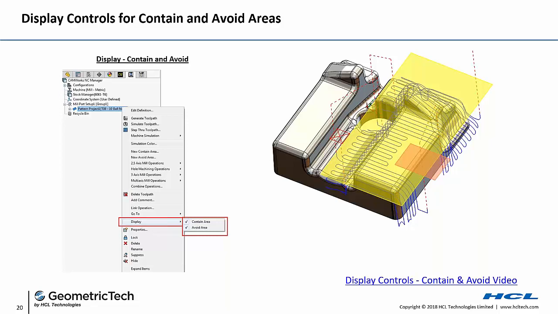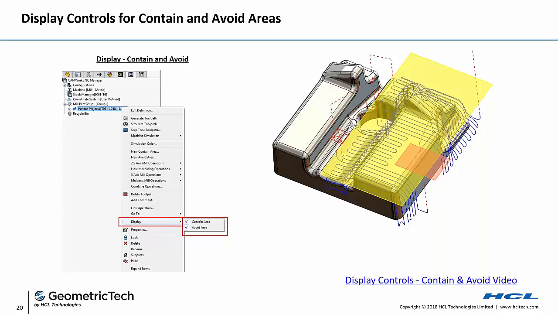Now we've automated that so that it can be displayed right away when you just select the pattern project operation, for example. And you can see in this example, there's the ability to display those easily. Again, we're just trying to help the user more easily see where the contain and avoids they had created are, and display those when you're going through the operations tree.